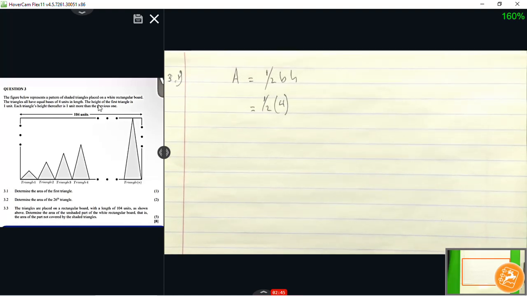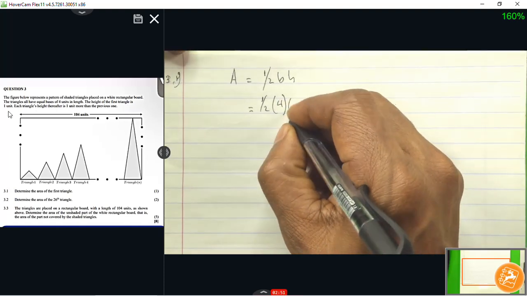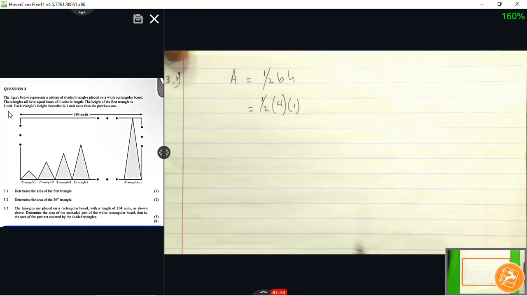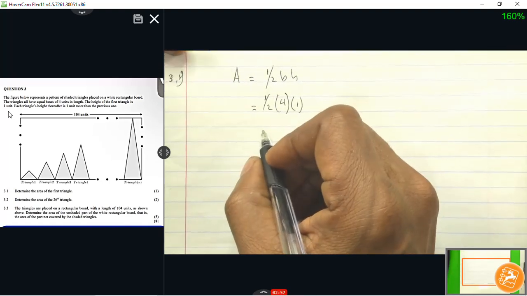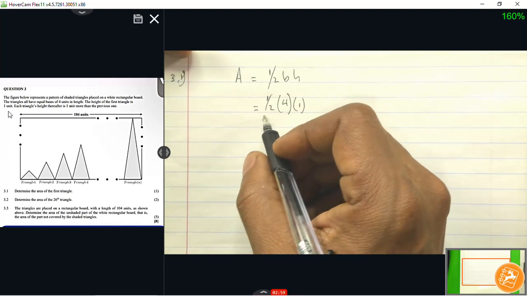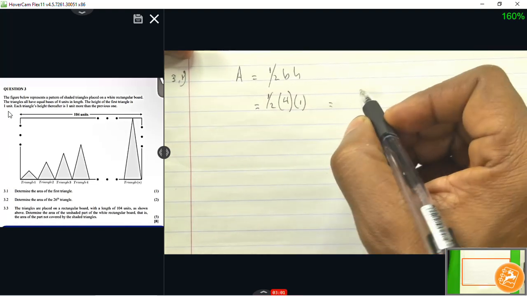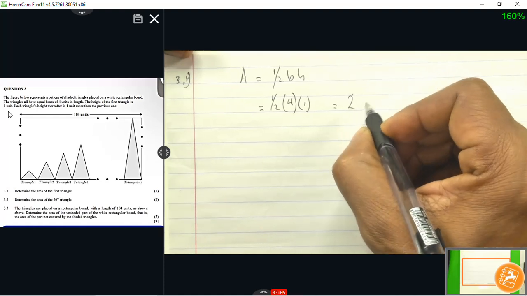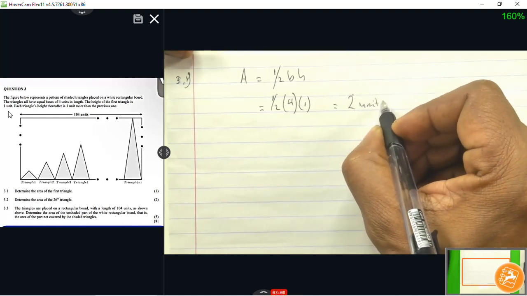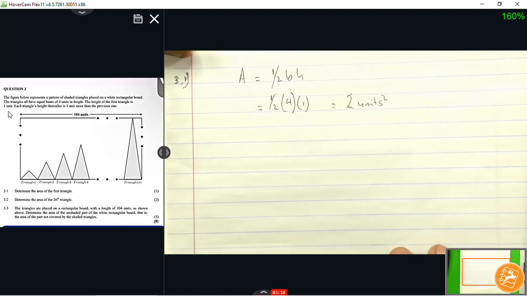They say the height of the first triangle is 1 unit. Right, so there I don't have to stress. So it means I now have half by 4 by 1, which will be what? Which will be 2 units squared. Then I'm done. 1 mark.